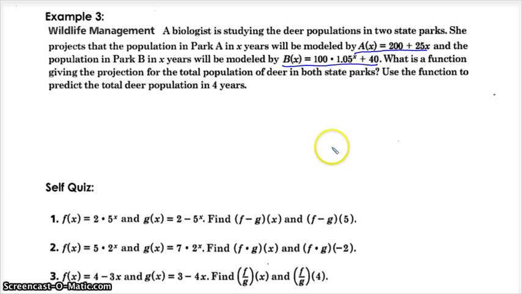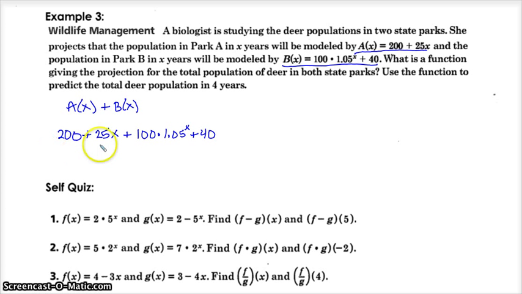So if we're talking about total population, that's going to be Park A plus Park B, which is a of x plus b of x. I'm going to go ahead and add those two functions together. So that's 200 plus 25x plus 100 times 1.05 to the x plus 40.